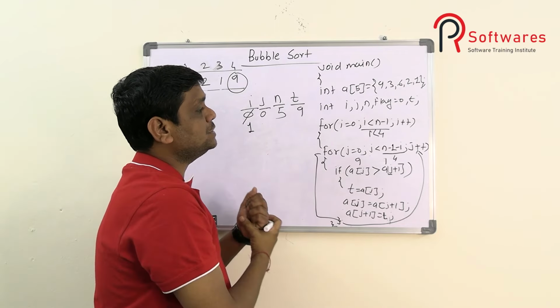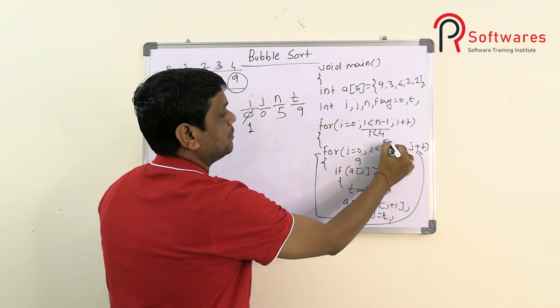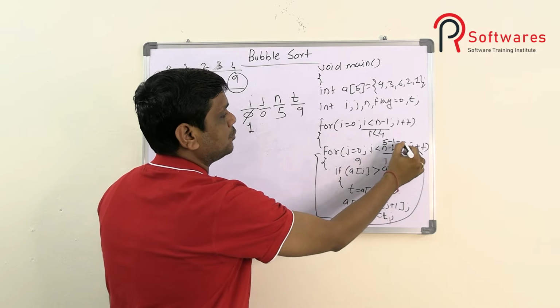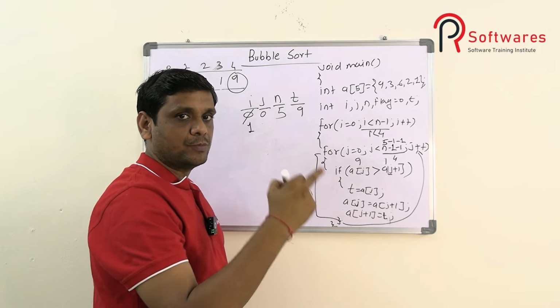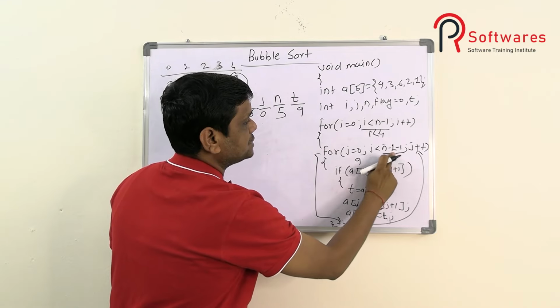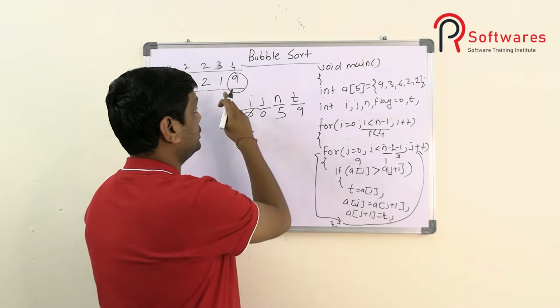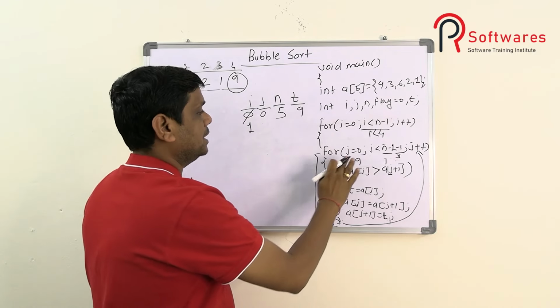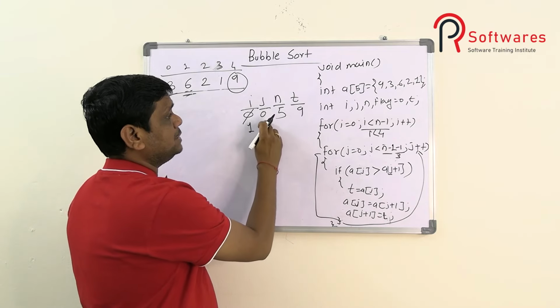0 less than. Now what is this equation? N value is what? 5 minus 1 minus, now the i value is 1. So how much, guys? 5 minus 1, 4. 4 minus 1, 3. So this complete expression will get changed to 3. Now remember, previously 4, now it is 3 because already one value got sorted. Now again it will start from the beginning. A of j, what is the j value? 0.